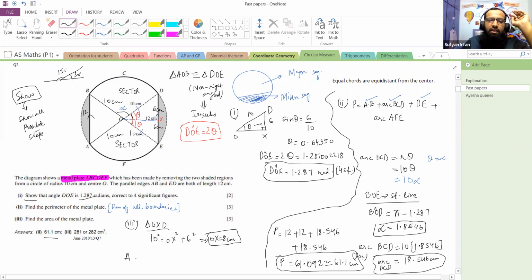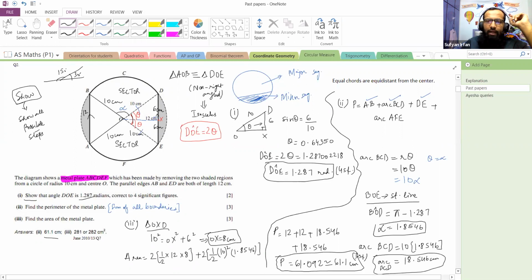Now that we need the area of the metal plate, we take the area of triangle 2 times, because we have two triangles. 2 times half into base into height. Base is 12, height is 8. 2 times area of triangle plus 2 times area of sector. Area of sector is half r square theta. Radius is 10, half 10 square, and the theta, basically the alpha, is 1.8546.